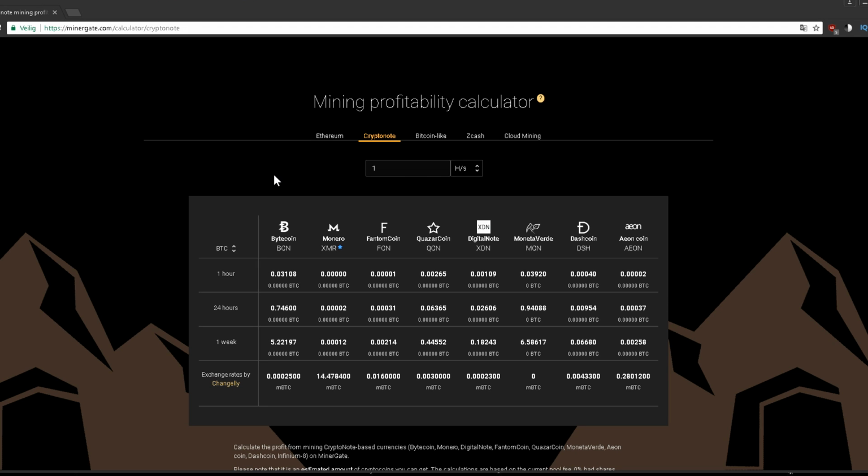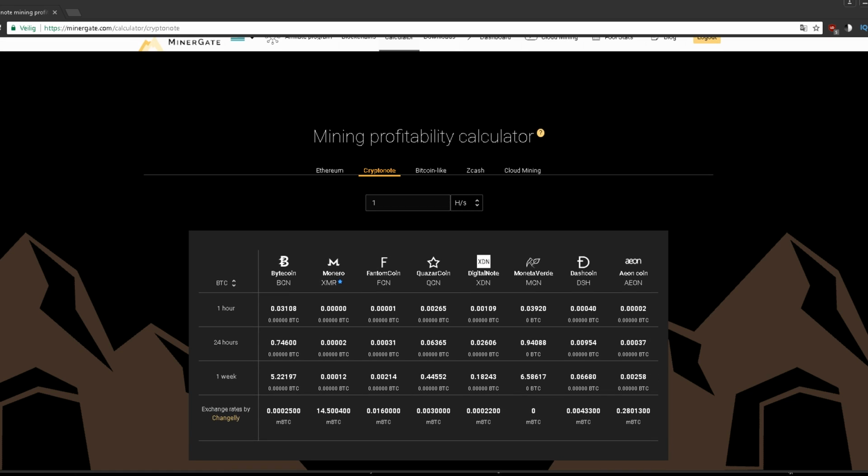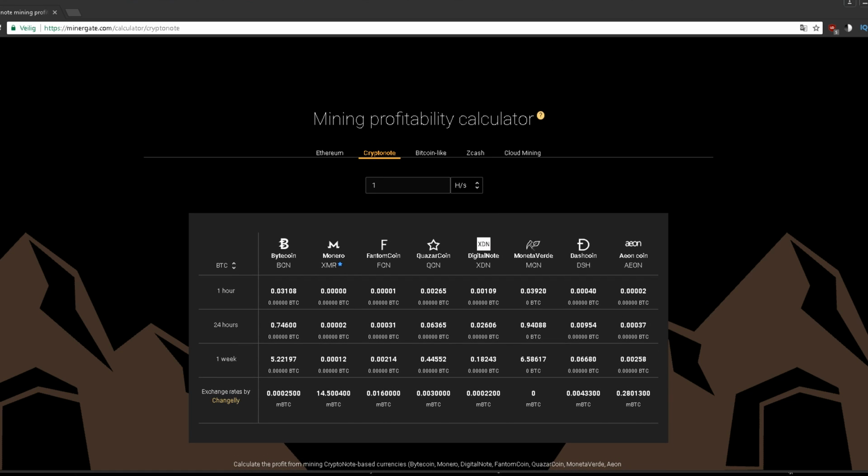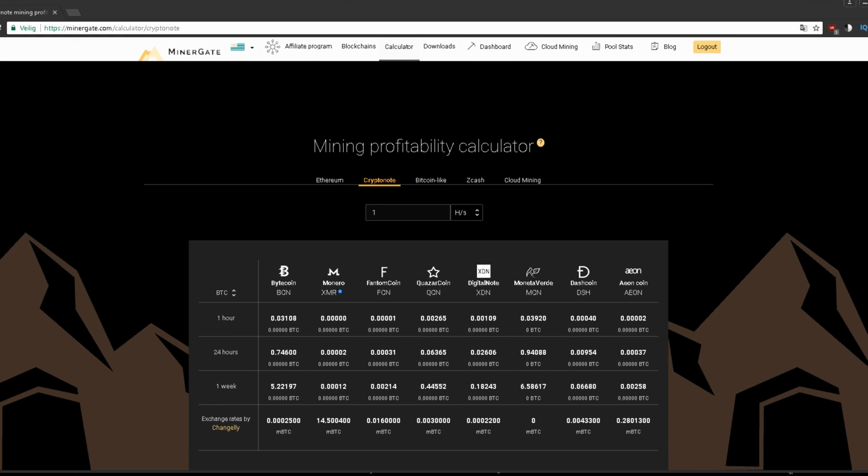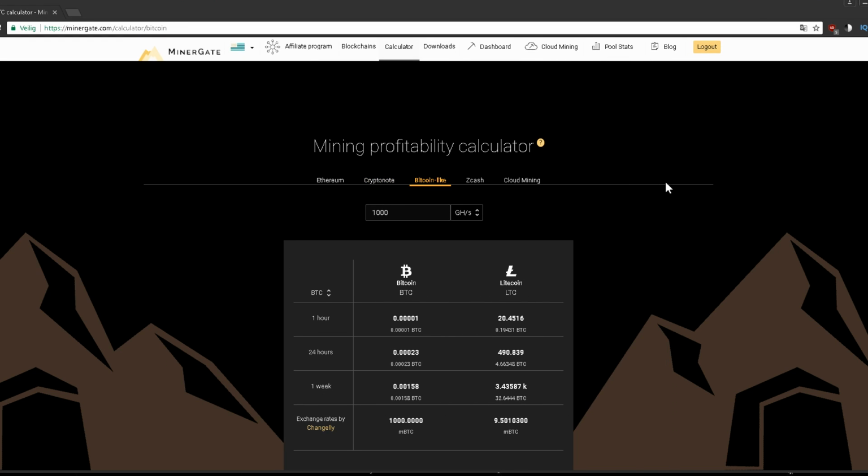You take a coin that is good for your system to mine, and then if you don't like that coin, you can always exchange it, because I want you guys to make actually some profit and earn some money. So that is important.